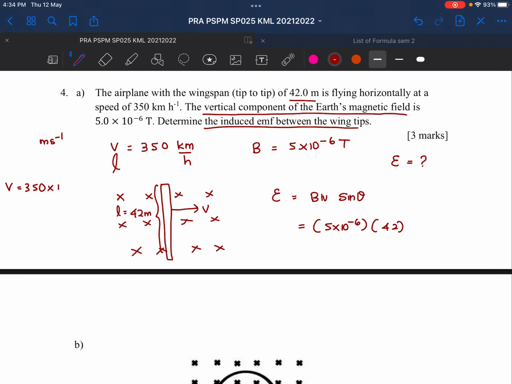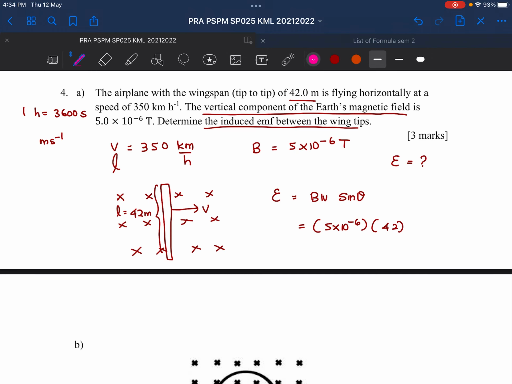So kilo is 10 kuasa 3, meter dah tukar, hour tu kita tukar kepada second lah. So I know that 1 hour is 3,600 second. So Miss buat kat sini lah.